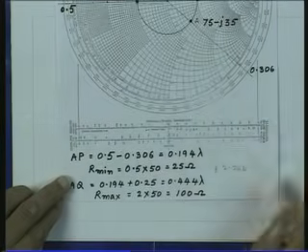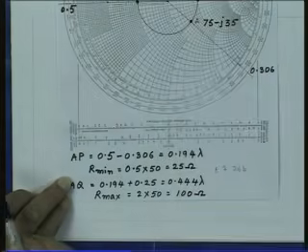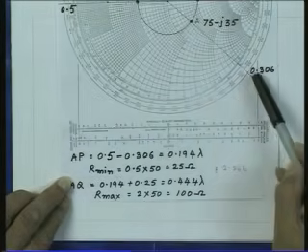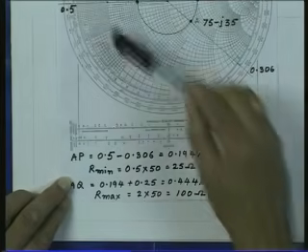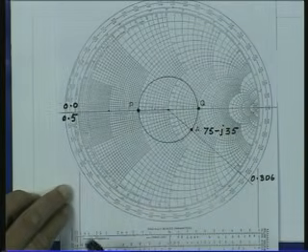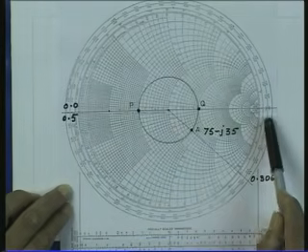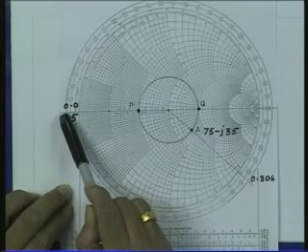Firstly, if I move by a distance AP, and how do I measure a distance, I take a radius vector, go to the circle here, here the lengths are marked on the outermost circle of the Smith chart. So, it starts from 0, then it goes all the way up to 0.25 and then goes up to 0.5.